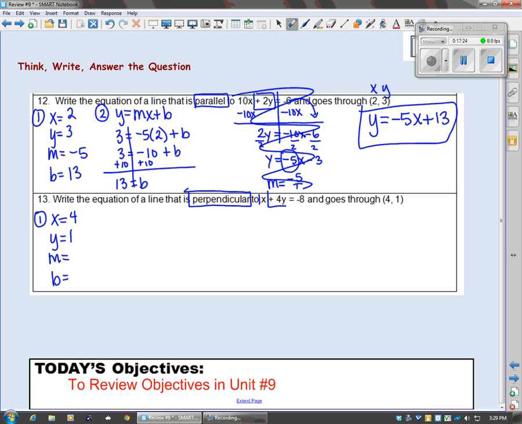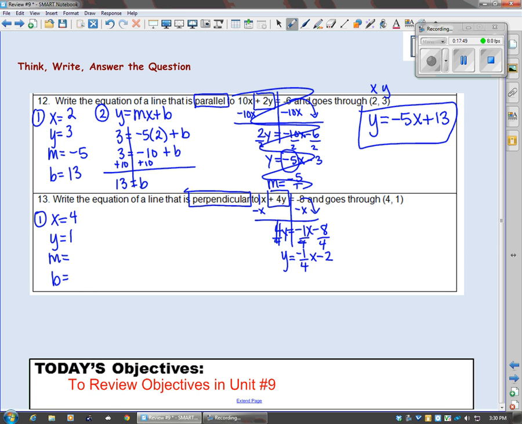We have to get y by itself. Subtract the x. You get 4y equals negative 1x minus 8. Free fall the 8. Divide everything by 4. And you get y equals negative 1 over 4x minus 2.